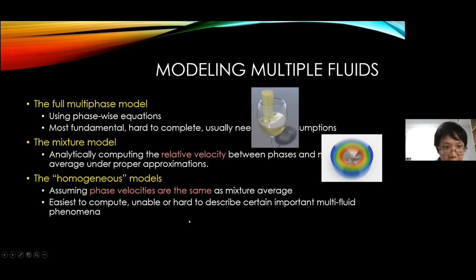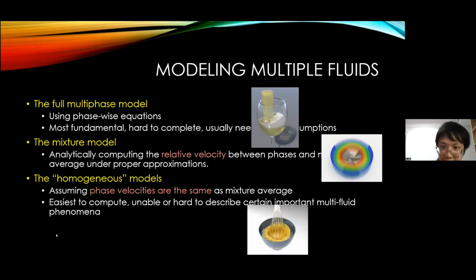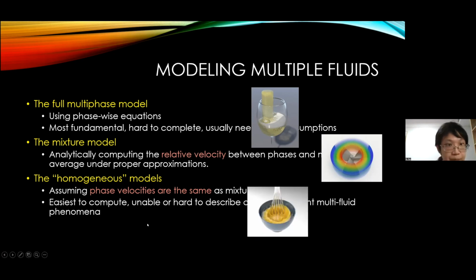And finally is the homogeneous model, and this model assumes that all the phases are moving with the same velocities, and this model is the easiest to compute, but it also discards some important effects that multiple fluid phenomena have. So I will talk about them one by one in the next talk.